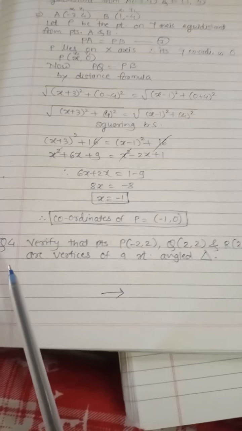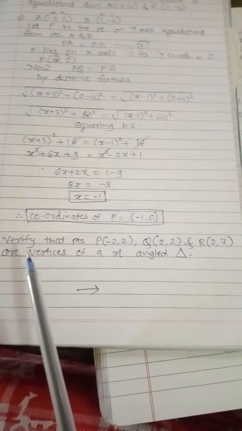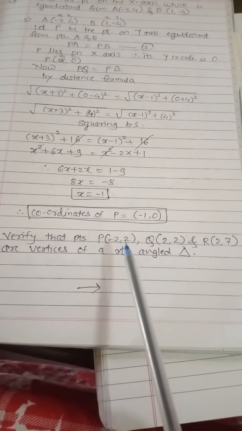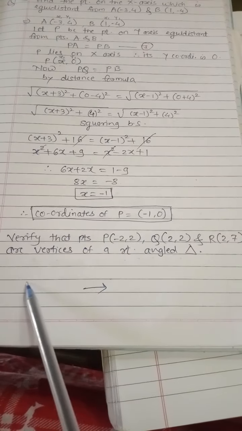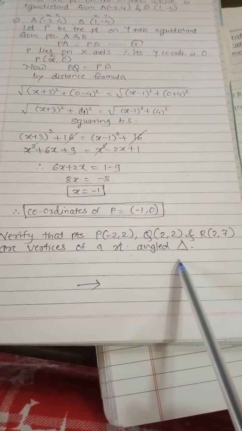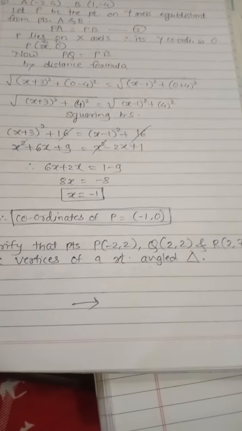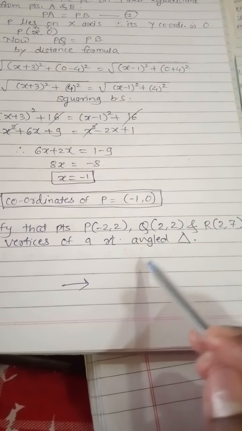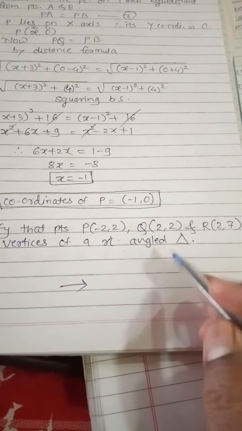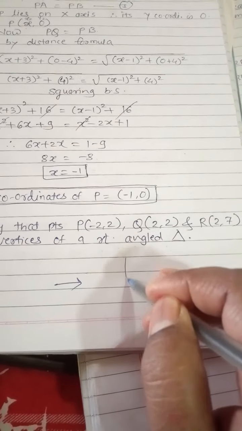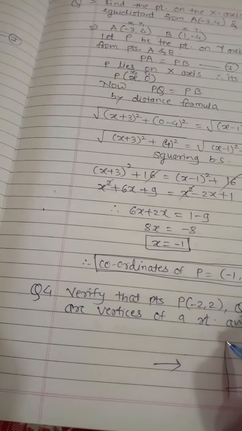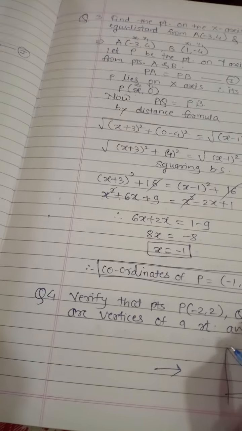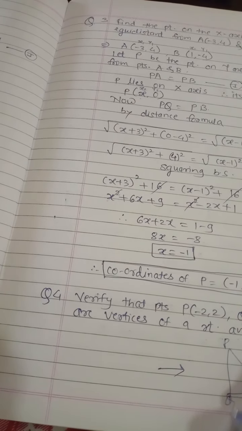Now the next question, question number 4: verify that the points P (-2, 2), Q (2, 2) and R (2, 7) are the vertices of a right angle triangle. All of you know the condition for a right angle triangle is the Pythagoras theorem, that is, the hypotenuse square equals the sum of squares of the remaining two sides.